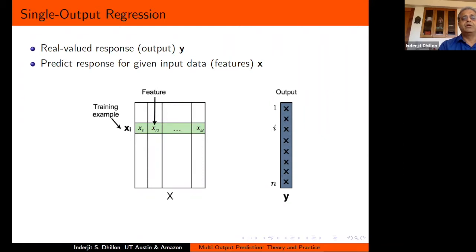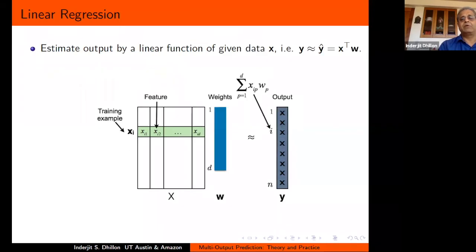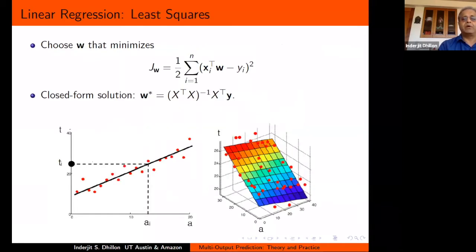We have a real valued response Y. The training data is Xi, which can be assembled in a training matrix X. So traditionally, we want to get coefficients W so that we have a linear predictor where XW is nearly equal to Y. For the regression problem, the squared loss is what we want to use, and that leads to the classical least squares regression problem. And it has a closed form solution.